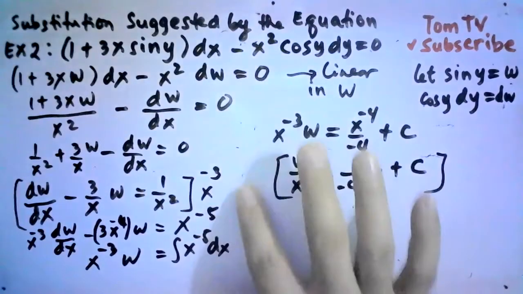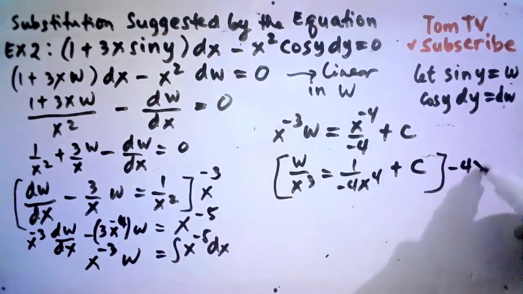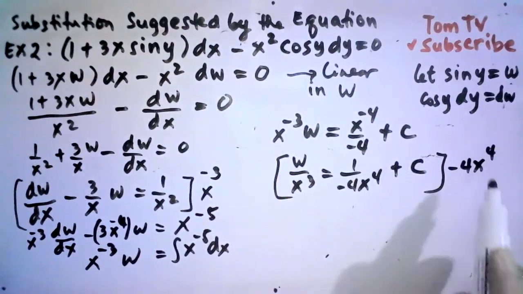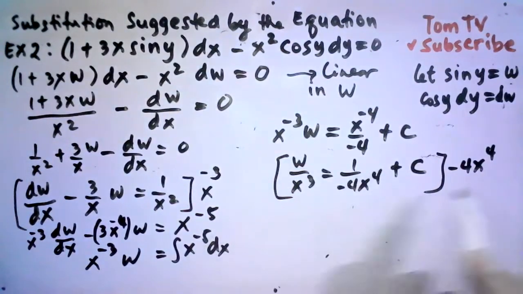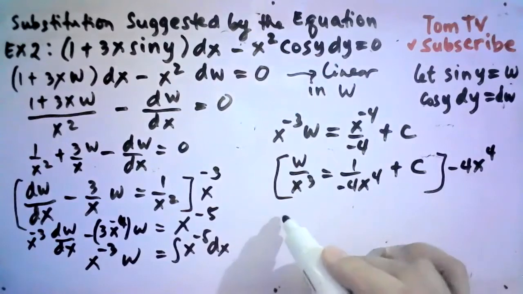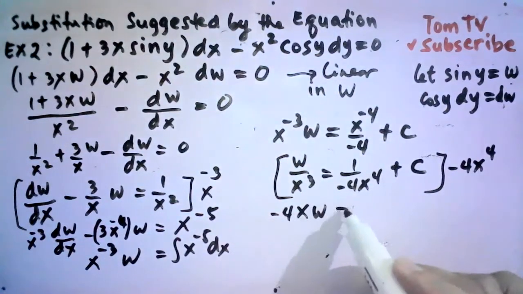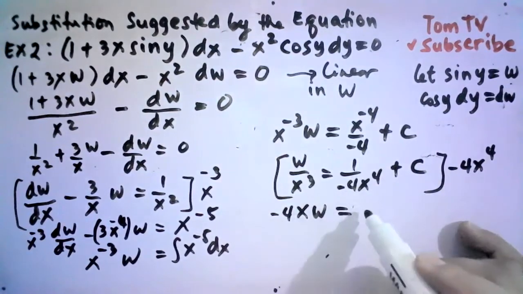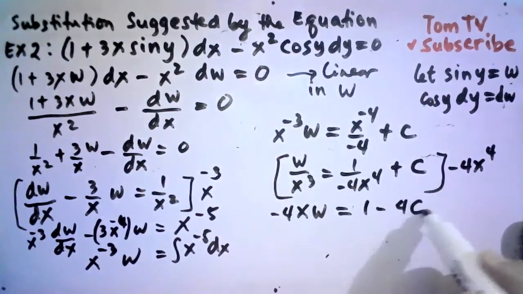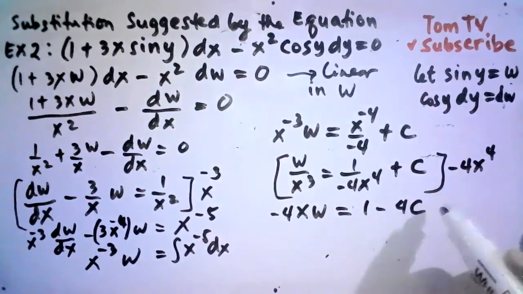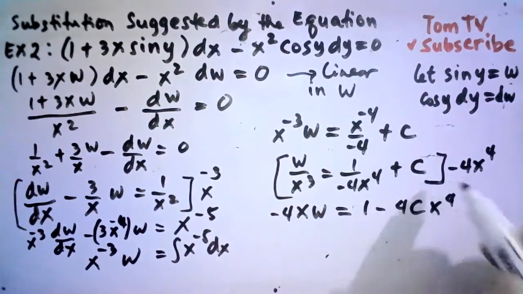If we multiply negative 4 x to the fourth by this group, what remains here is negative 4xw, which is equivalent to 1 minus 4c times x raised to 4.